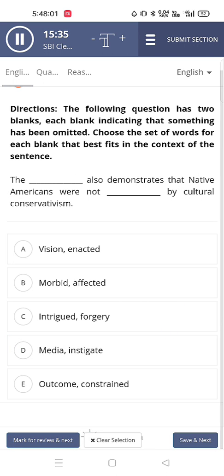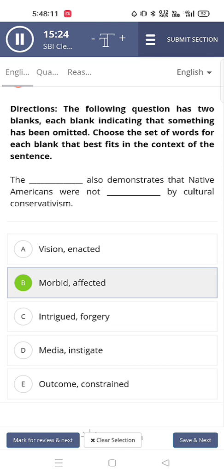Then the dash also demonstrates that Native Americans were not dash by cultural conservatism, were not affected, I think. The outcome also demonstrates that Native Americans were not affected by cultural conservatism.